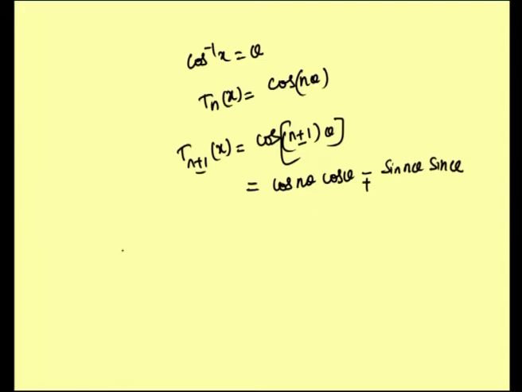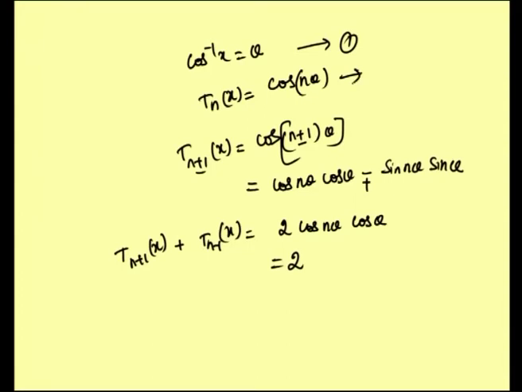So, we will have T n plus 1 of x plus T n minus 1 of x is equal to 2 times cos n theta cos theta, and this is equal to 2 times T n of x times x, since cos n theta is T n of x and cos theta is x.